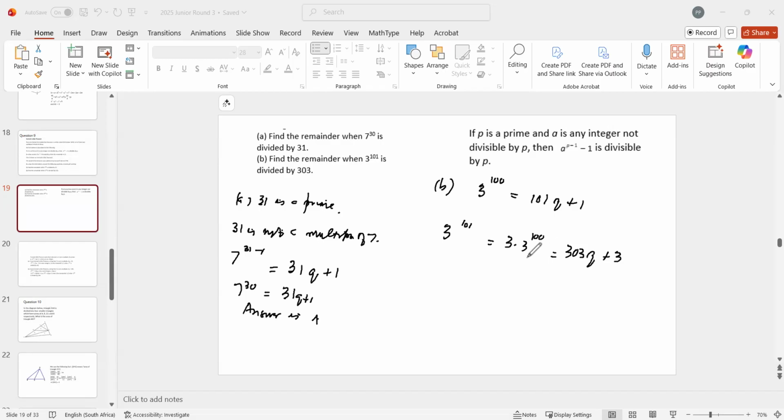All right, so what does this say? This is the remainder when you're dividing by 303. When you divide 3 to the power of 101 by 303, the remainder is 3. So that's exactly the answer. Find the remainder when this is divided by this. The answer is 3.